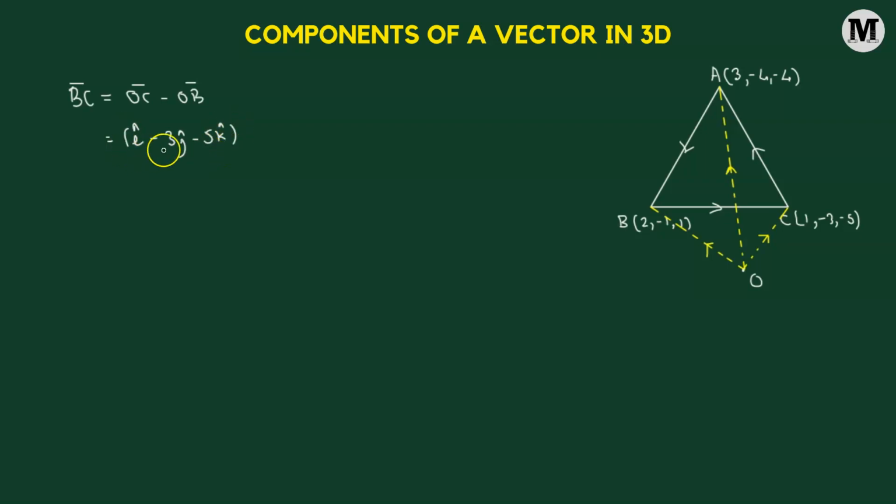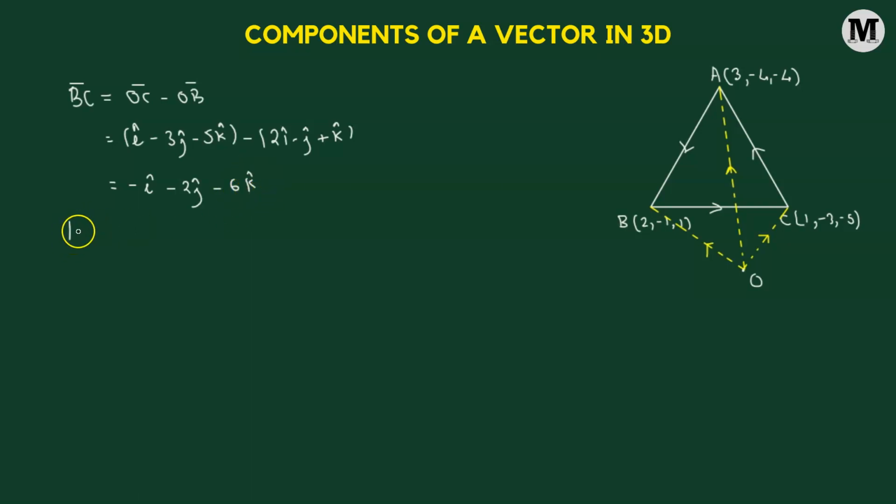And from here, we're going to subtract the vector OB, that means the position vector of point B, which is 2i cap minus j cap plus k cap. This is going to be equal to i cap minus 2i cap, that's negative i cap. Negative 3j cap minus negative j cap, that's negative 2j cap. Minus 5k cap minus k cap, that's negative 6k cap.